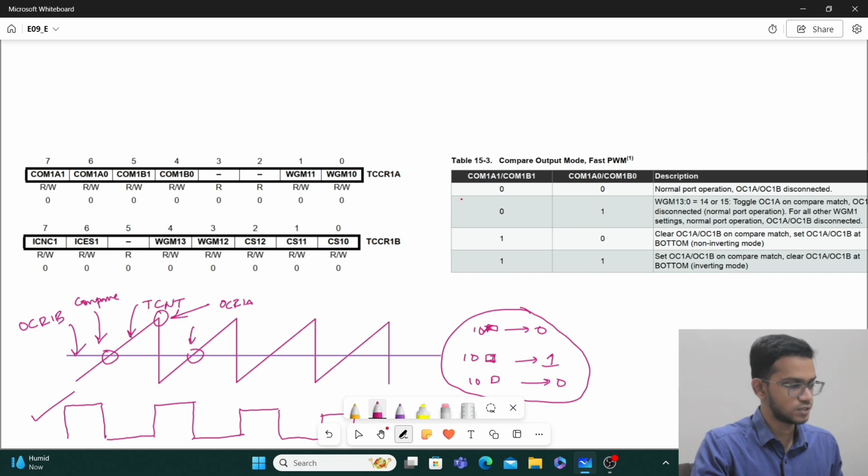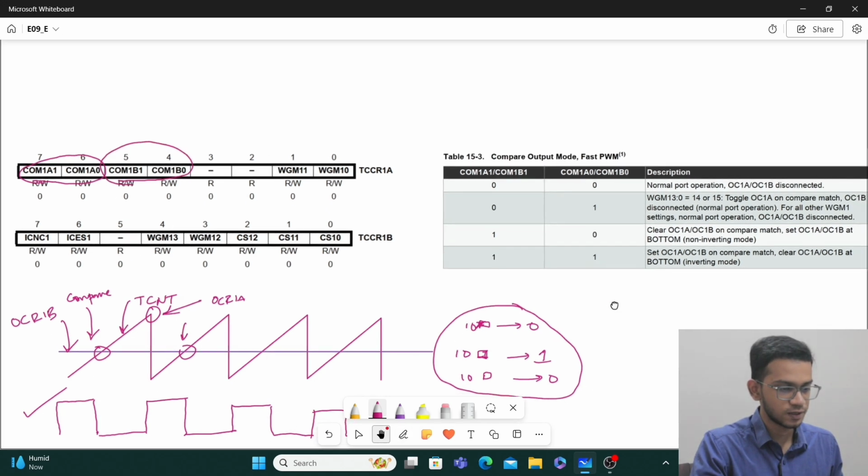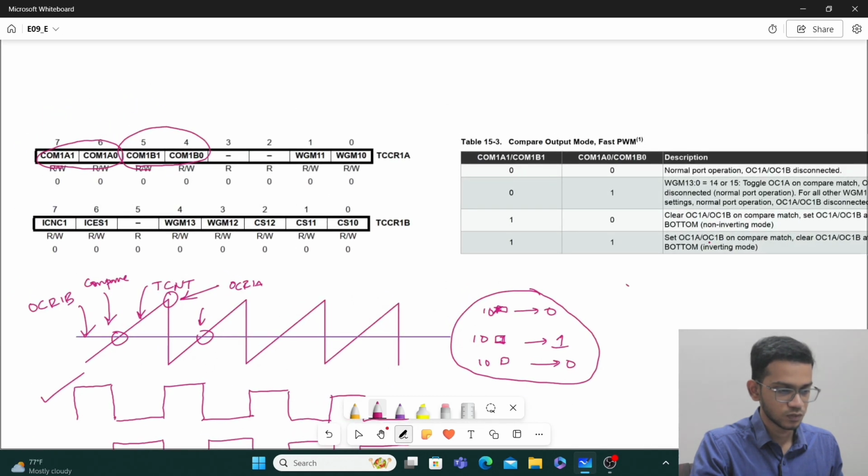So that is done by setting your COM1A1 and COM1A0 bits, or COM1B1 and COM1B0 bits. What does this say? It says that I want to produce my PWM in non-inverting mode.